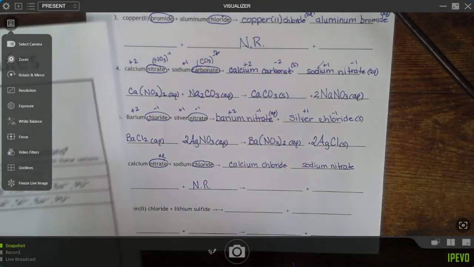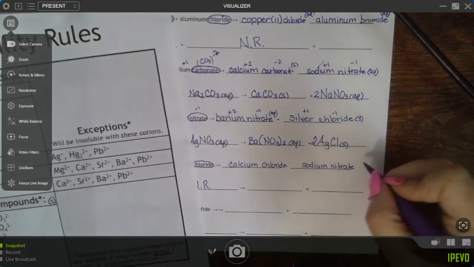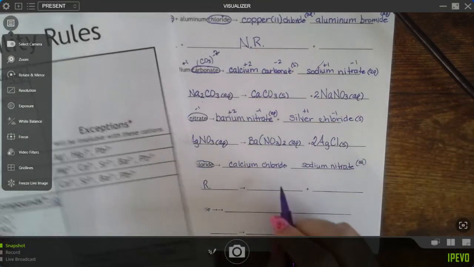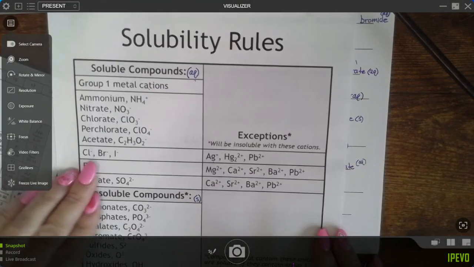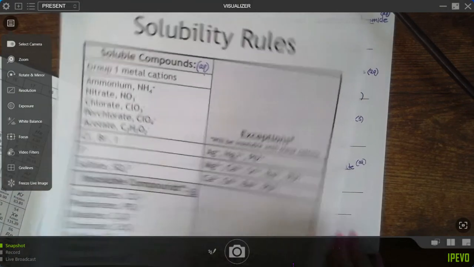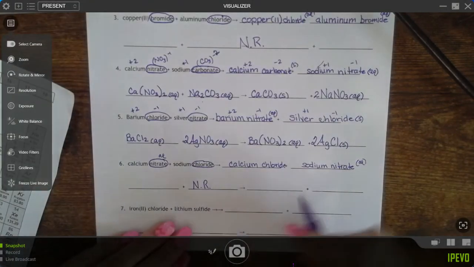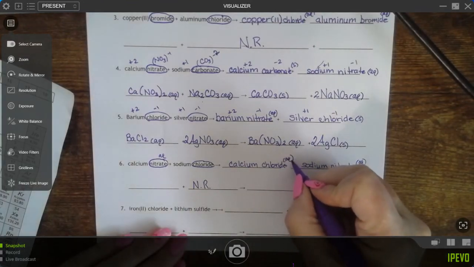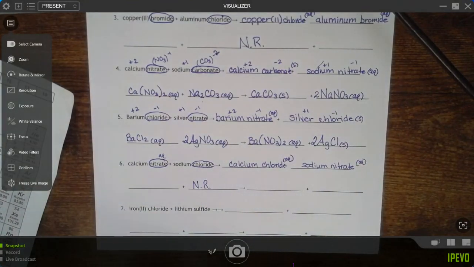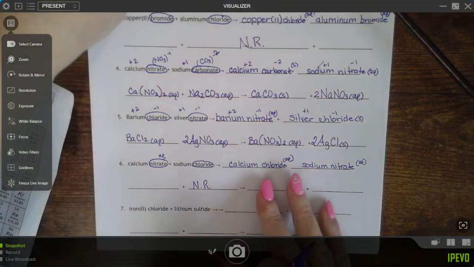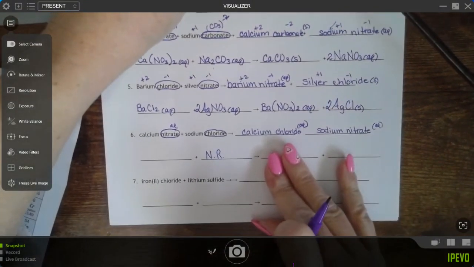Now you can see we know that nitrates are always going to be aqueous, and then chlorine is aqueous unless it's with silver, mercury, or lead. In this case, it's with calcium, so that's going to be aqueous also, which allows us to say no reaction.